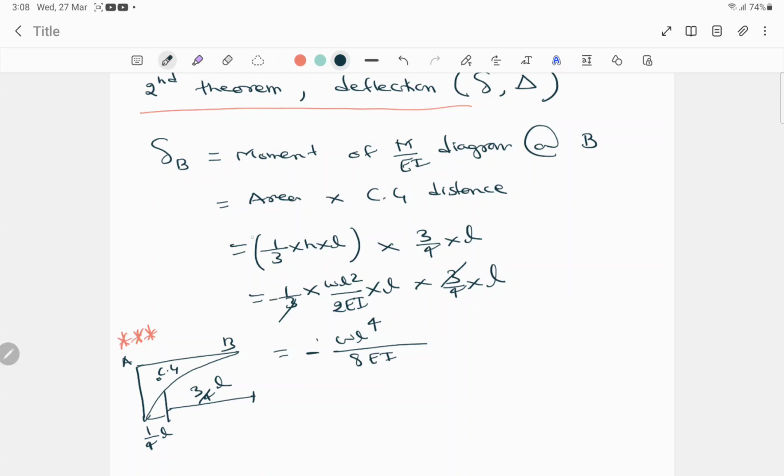So deflection at B is equal to minus WL to the power 4 divided by 8EI.